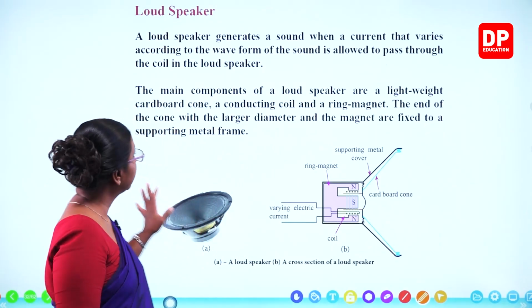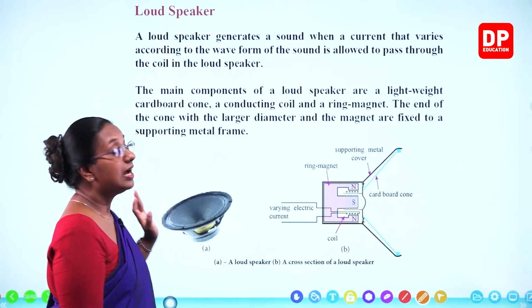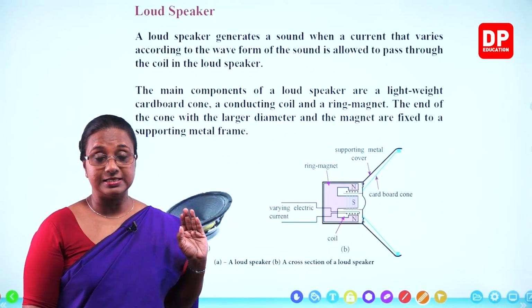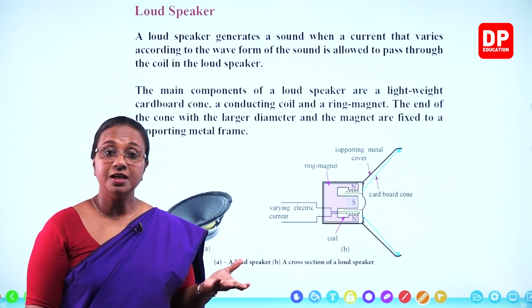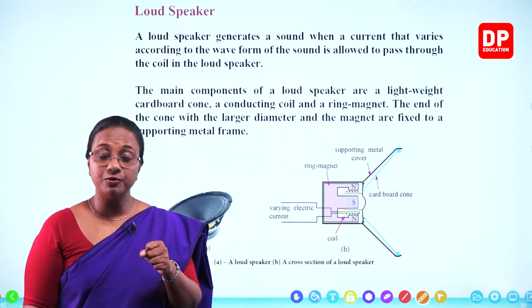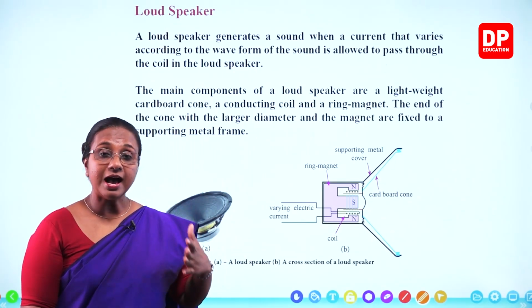Now we are going to look at one of the applications. The first application, a loudspeaker. You all know what the function of a loudspeaker is. When you use a microphone, you talk with your normal voice, the normal sound. But there, what happens?